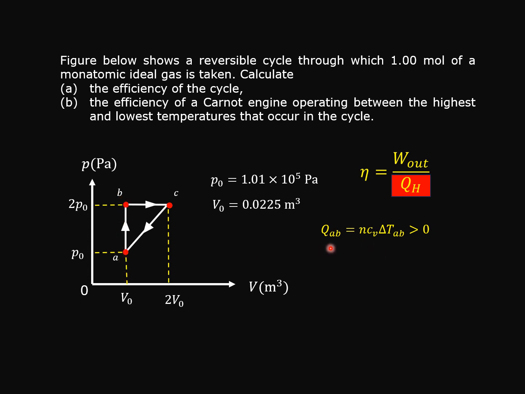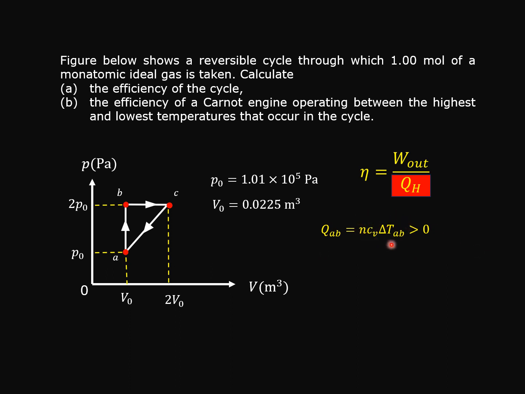So QAB is equal to n CV delta T. n is the number of moles and CV is the molar specific heat of the gas at constant volume. And this is the change of temperature, and we already checked that the temperature for state B is larger than state A. So this delta T is a positive value.